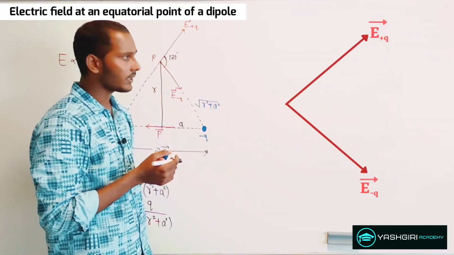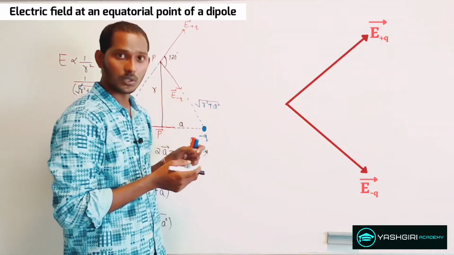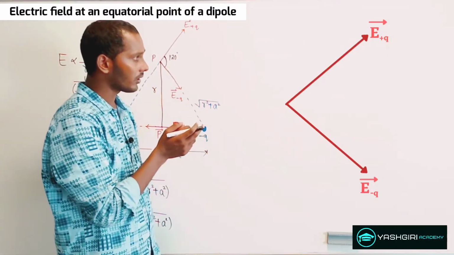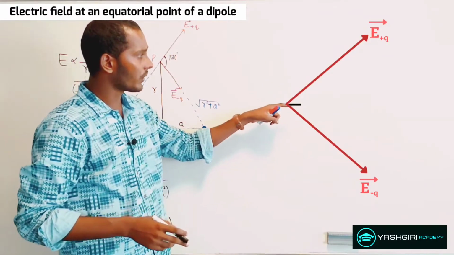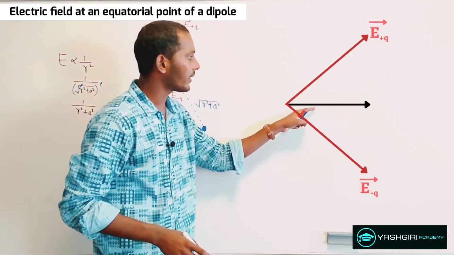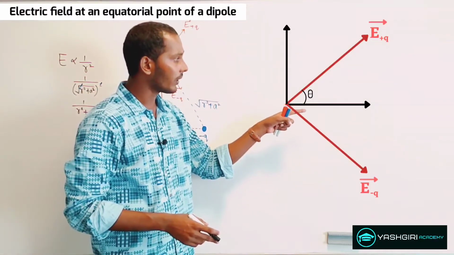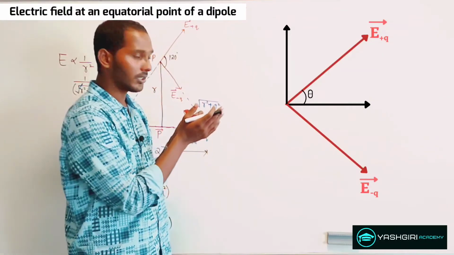Here what I can do is resolve this vector E due to the positive charge into two components. So I can show it, one going in the horizontal and one in the vertical direction. And here if you see the theta over here, I'm interested in the two components.